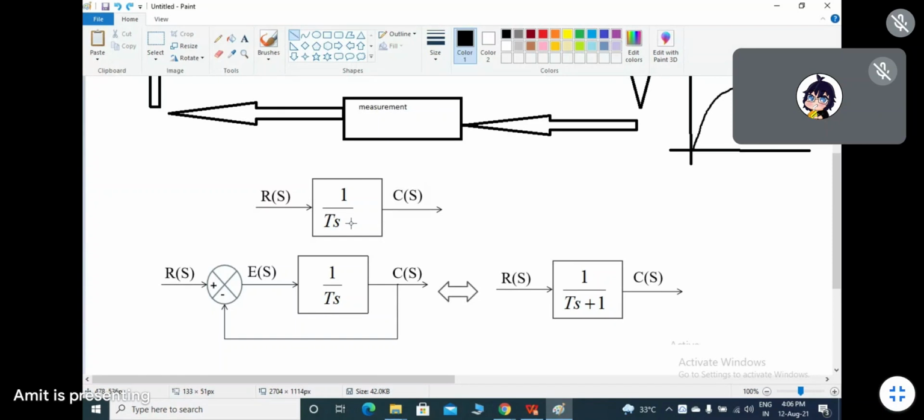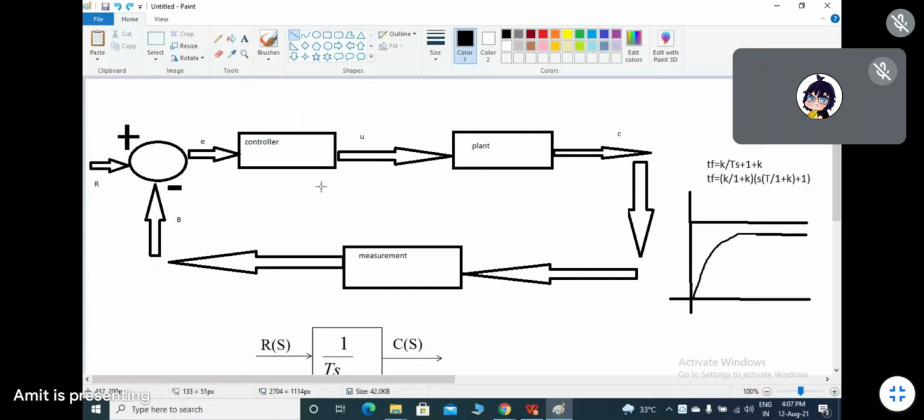If you solve using the formula also, you will get this result. Otherwise, you can simply add the numerator to the denominator to convert the open loop to a negative unit feedback system.